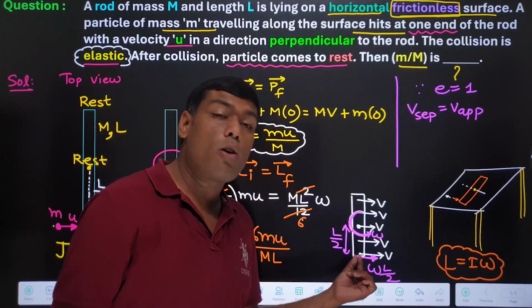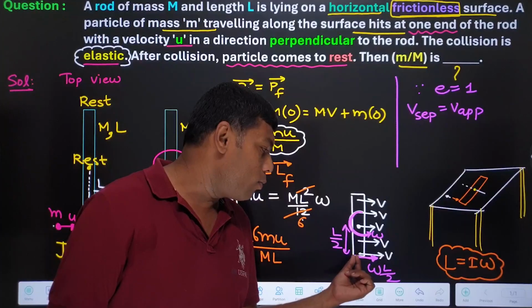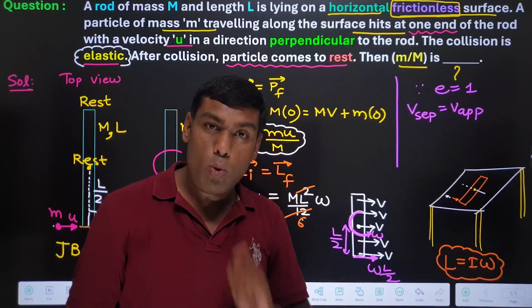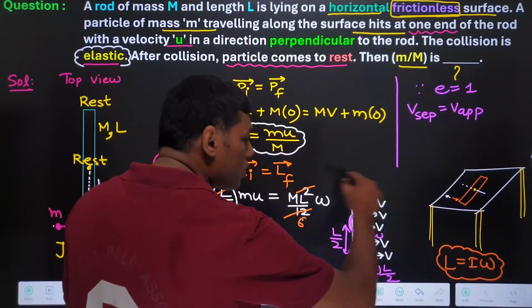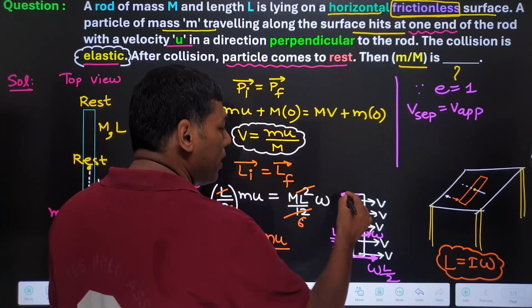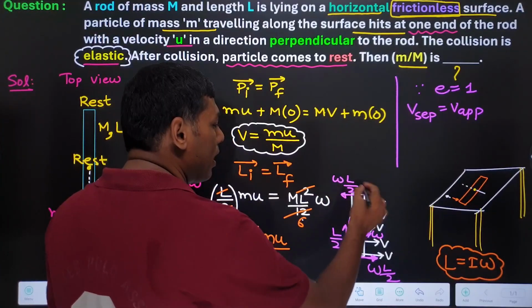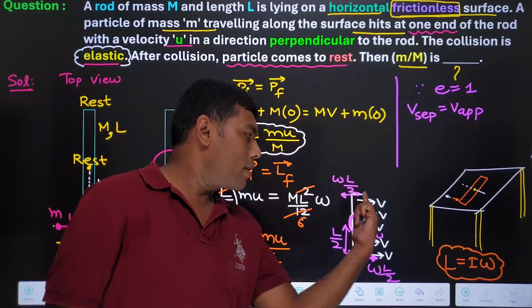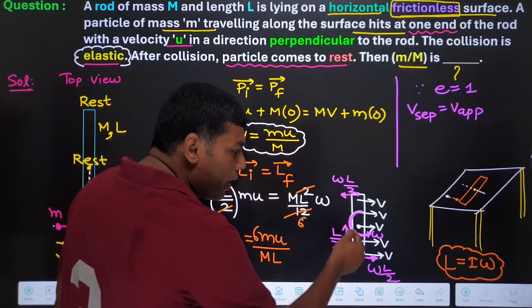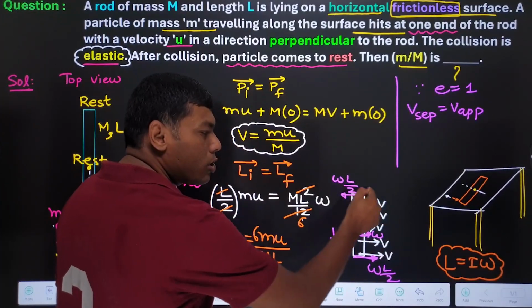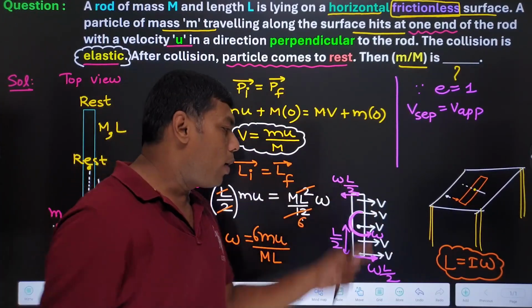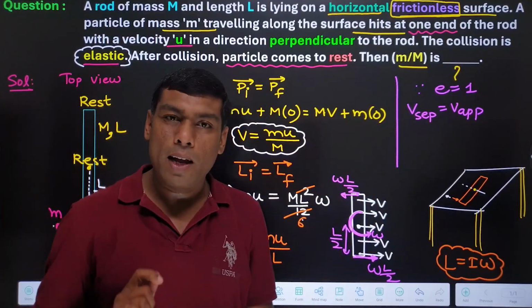So the end point of the rod at the bottom will have the speed v plus omega L by 2. Effect of this omega at the top would be in this direction, omega L by 2, because this length is also L by 2, and this point will get a tangential speed in this direction, omega into r, where r is L by 2.